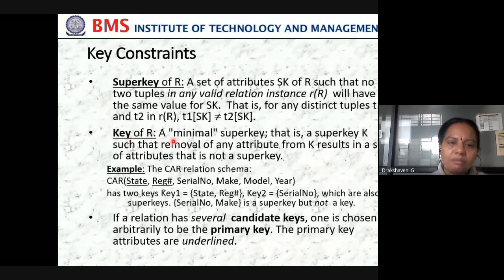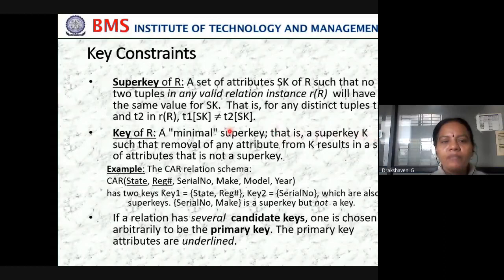Key of a relation: a minimal super key, that is, a super key K such that removal of any attribute from K results in a set of attributes that is not a super key.